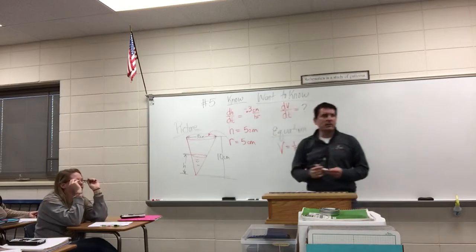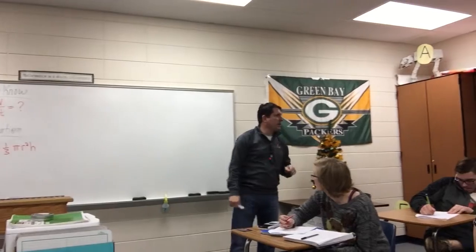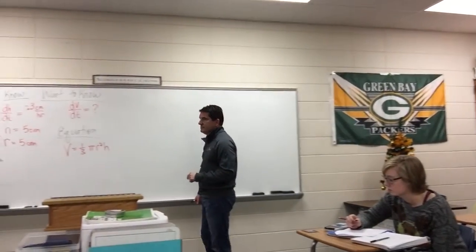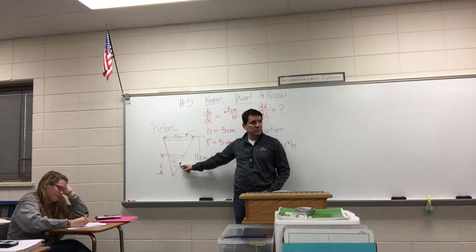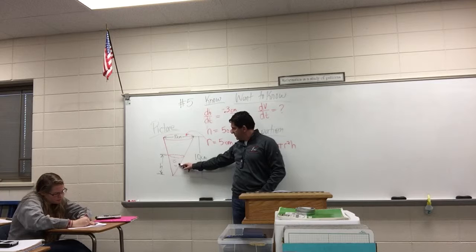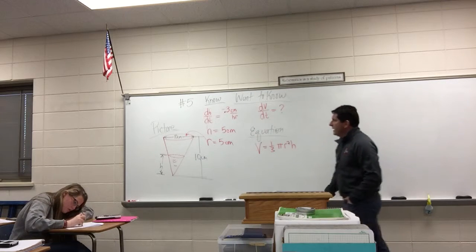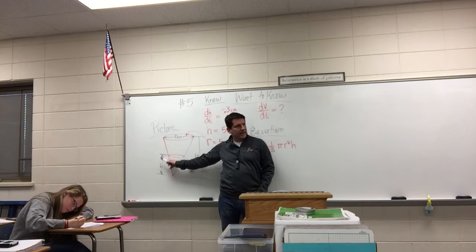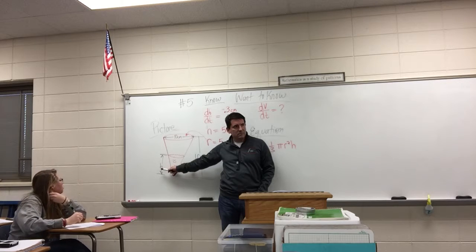So what does dV/dt mean in this problem? How fast the volume is changing, the rate that the volume is changing by. And notice that's a different number than the rate that the height is changing by. Two different numbers.